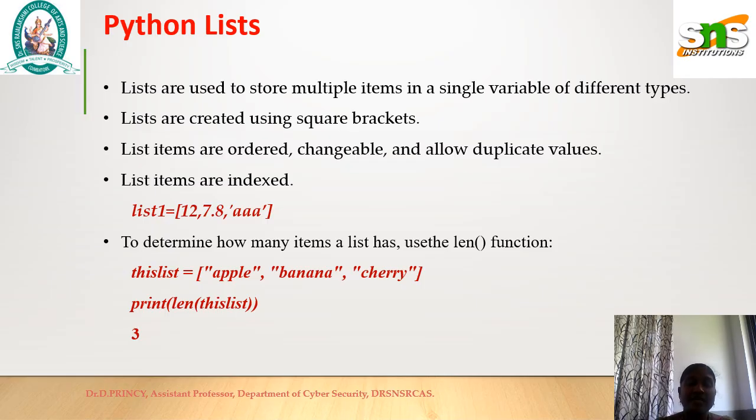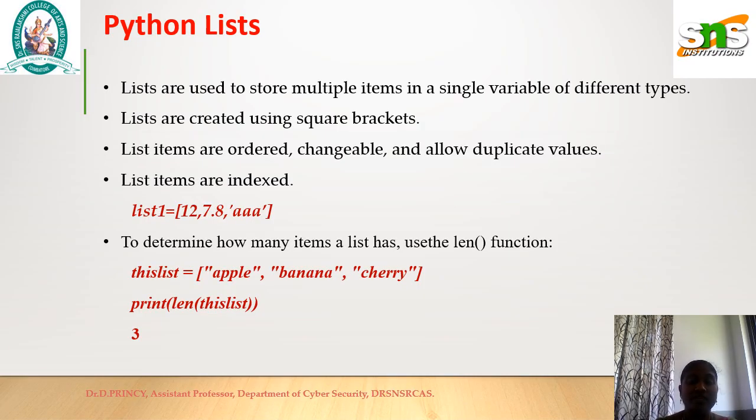Python list. Lists are used to store multiple items in a single variable, of different data types. Generally, an array is a group of elements of the same data type, but lists are used to store multiple elements of different data types. Lists are created using square brackets. It is ordered, changeable, that is mutable, and allows duplicate values also.